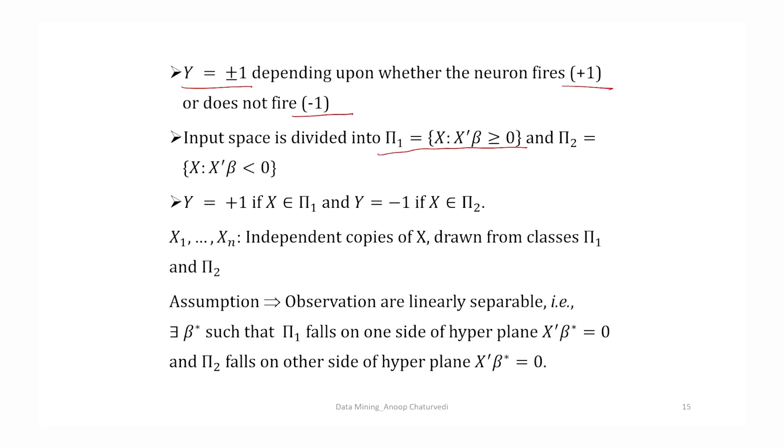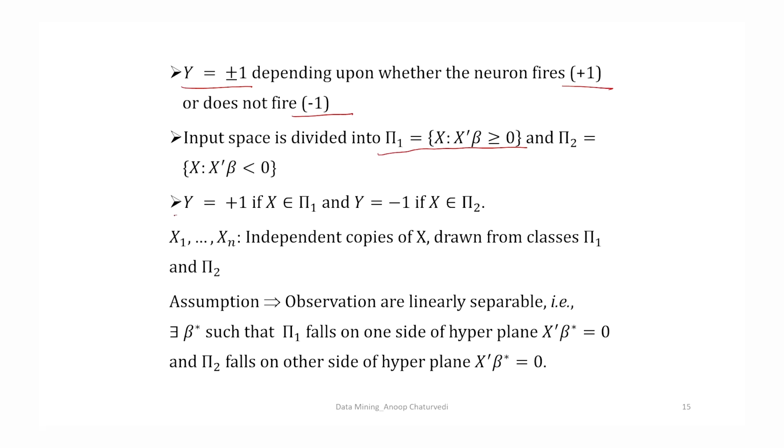So, basically you have divided the input space into two parts, pi 1 and pi 2, where pi 1 is the set of x such that x transpose beta is greater than or equal to 0, and pi 2 is the set of x such that x transpose beta is less than 0.